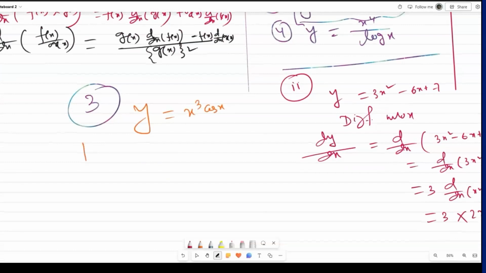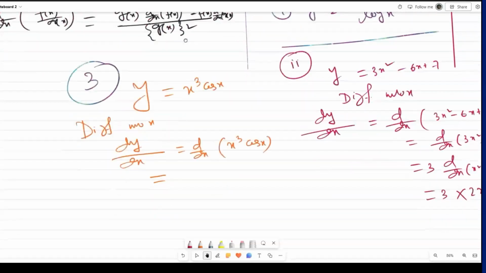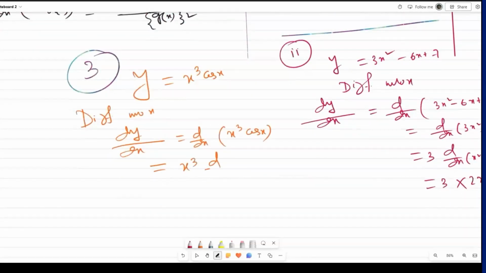So you write again the same statement: differentiating with respect to x, x cube cos x. So this is what the rule is: first into derivative of second, x cube into derivative of cos x, plus cos x into derivative of x cube.